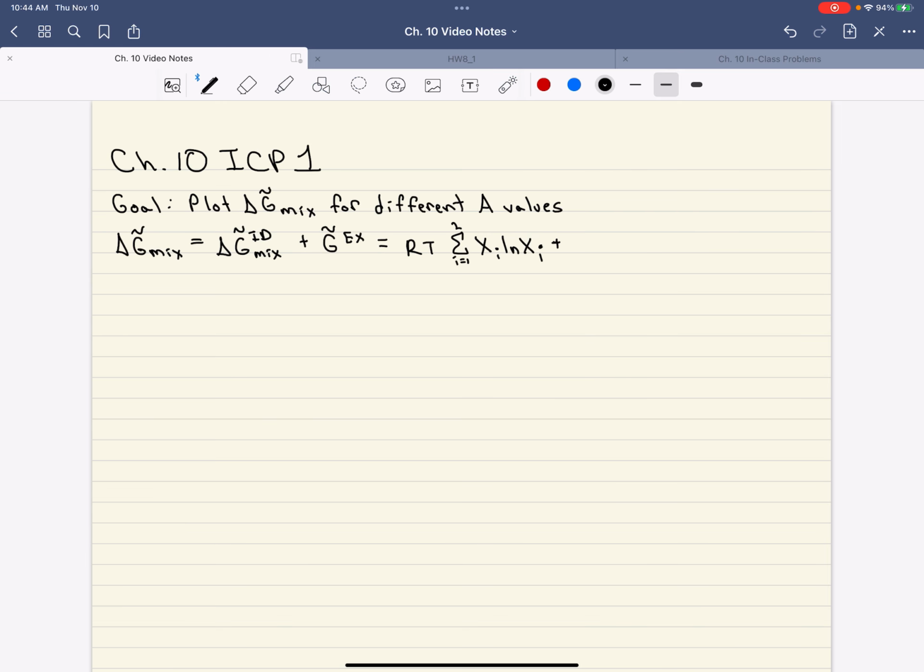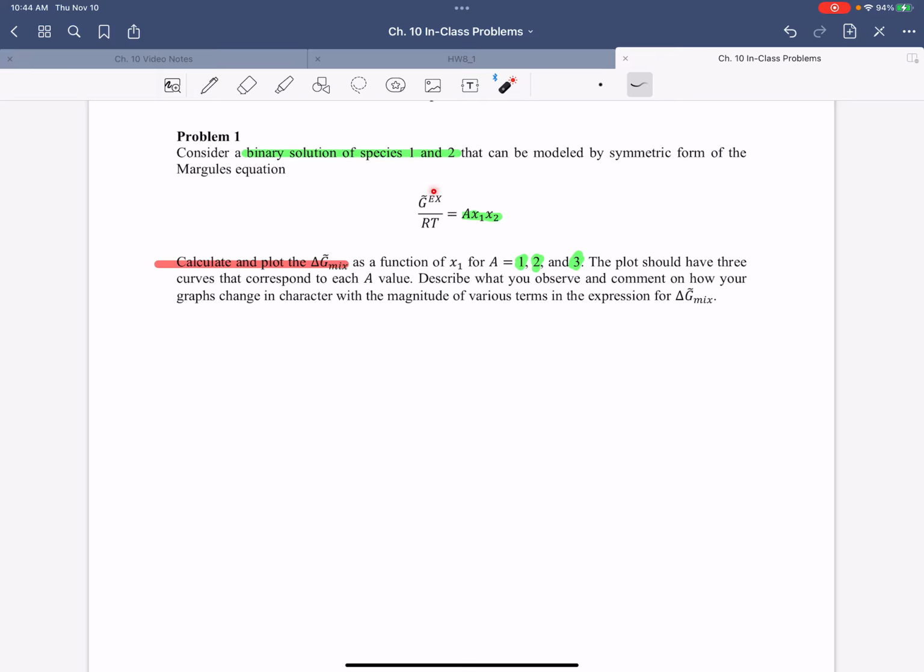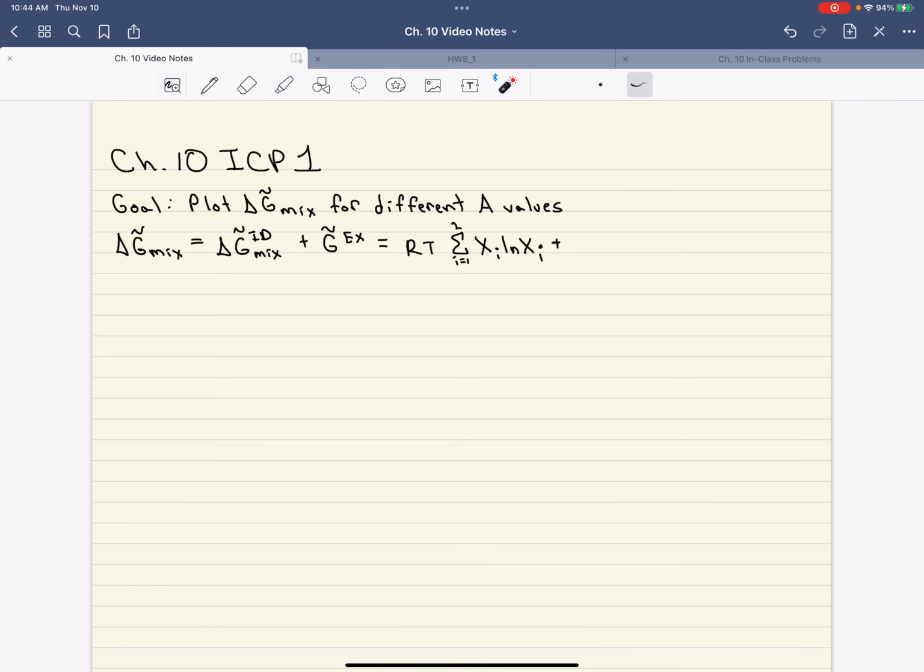For the excess molar Gibbs energy, we plug in the one parameter Margules equation: gx divided by RT. If we just want gx, we multiply both sides by RT, so we have RT times A x1 x2. So this is our delta G mix equation.